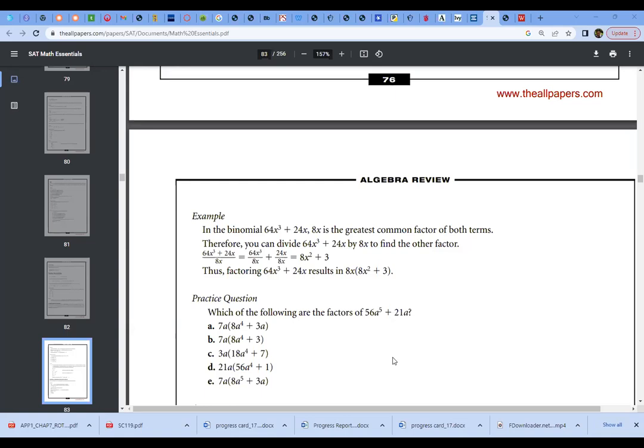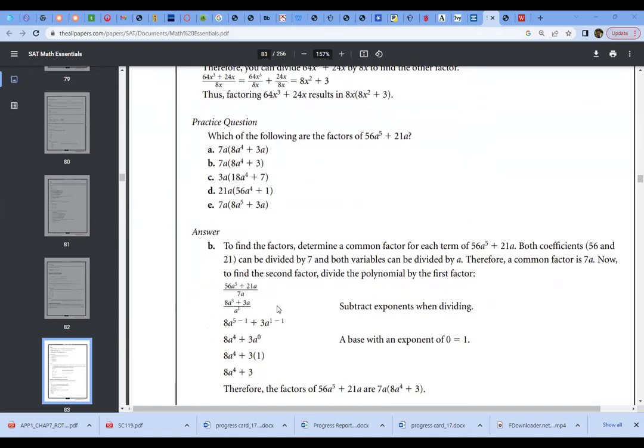Okay, it's B. The answer is B because 20, 27, 21 cannot divide 56.